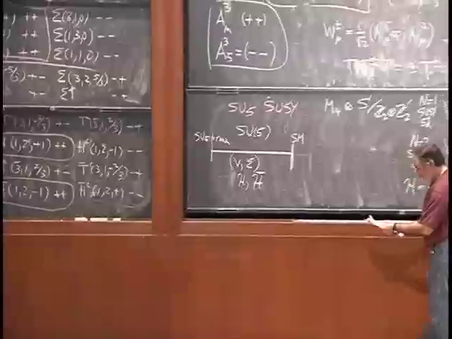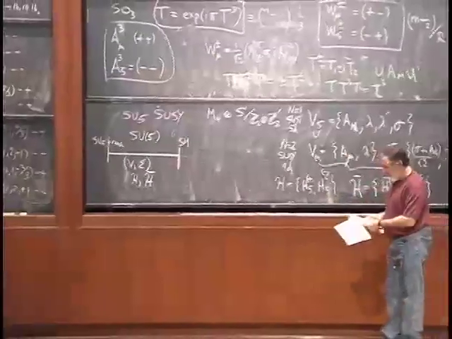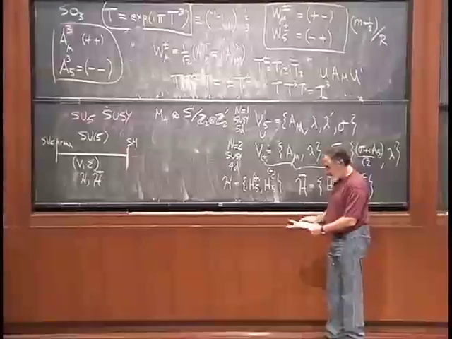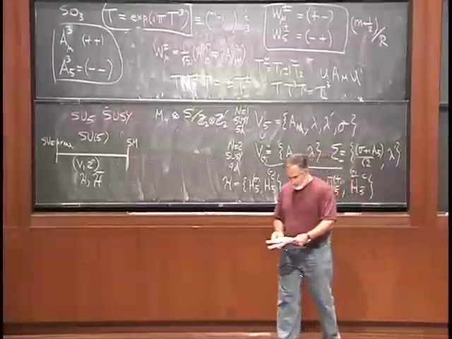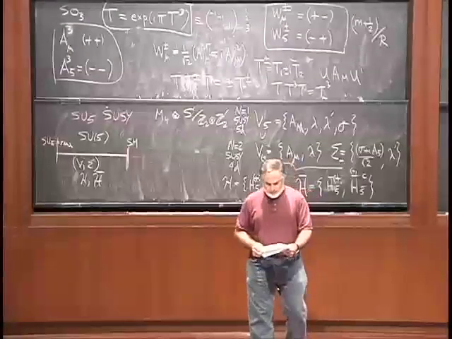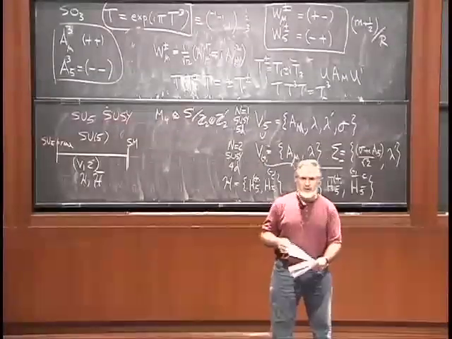Okay. So what I want to discuss is, there's lots of things you can discuss. I'll just discuss now, and you can look at my notes for other things: gauge coupling unification and proton decay.